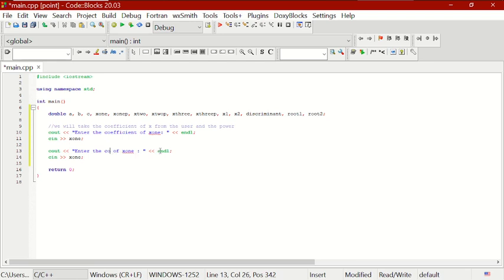Instead of coefficient this time it says power of x1. So this one will store this in x1 power, right? So we can paste this coefficient of x2 in this case. We'll call this also 2, right?